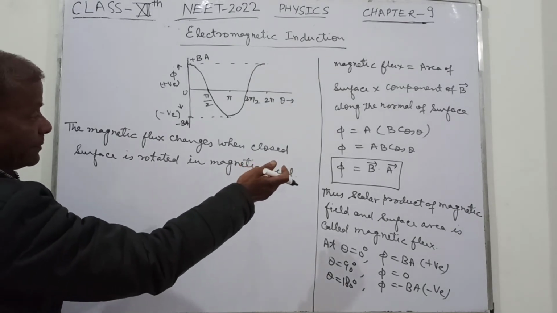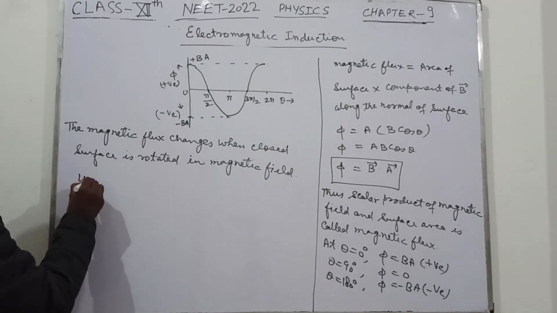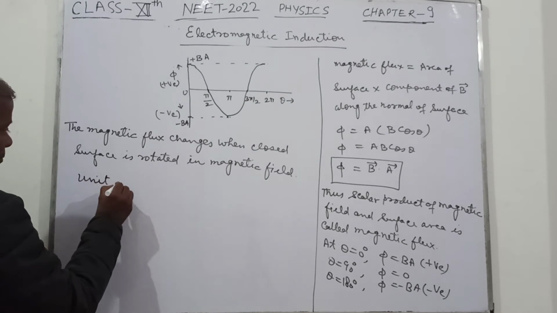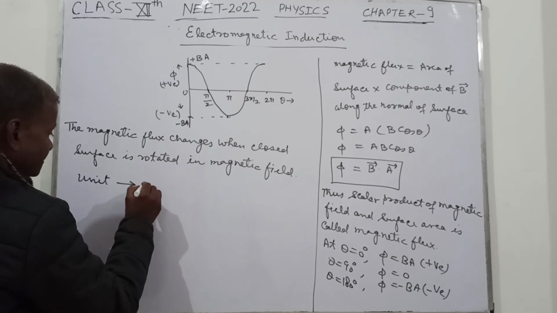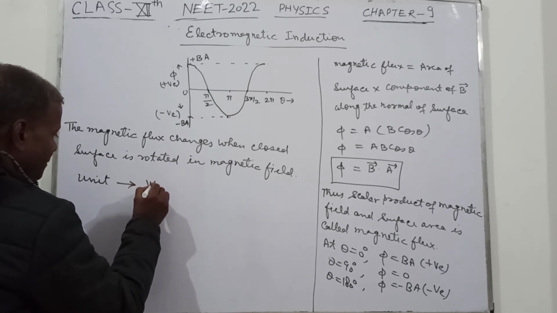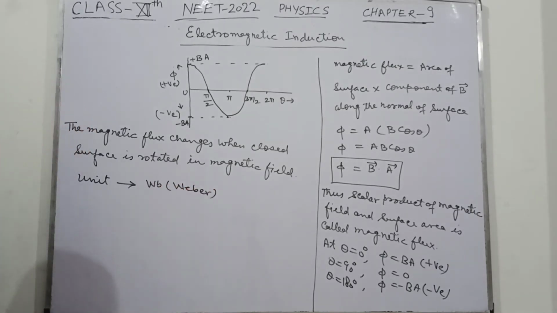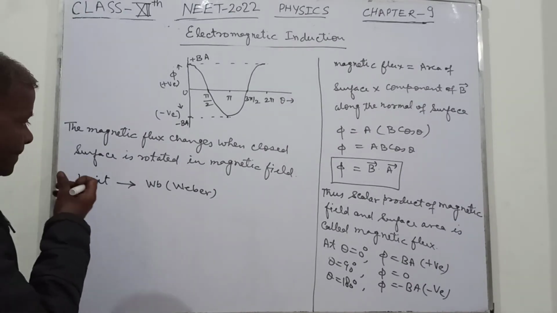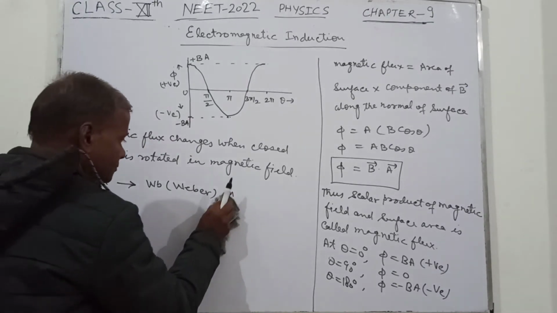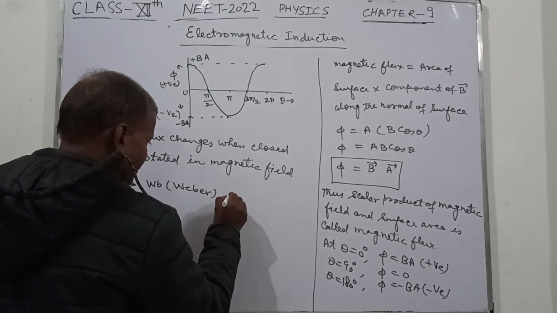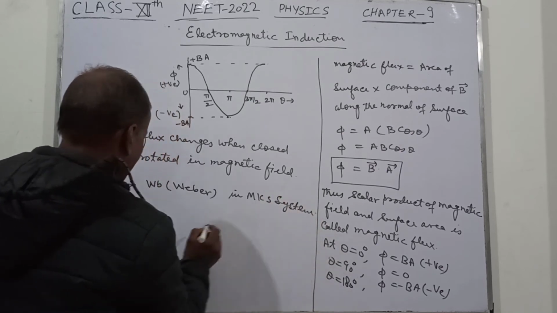Now you can have the unit of this flux phi. The unit is the Weber, Wb. This is the unit in the MKS system.